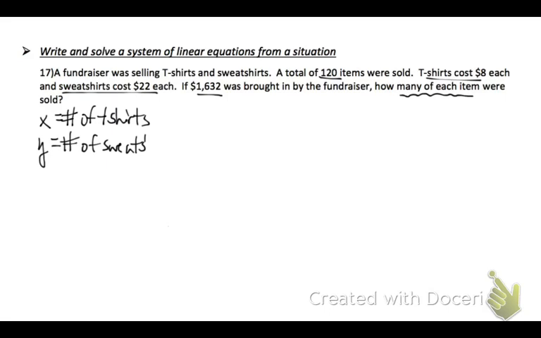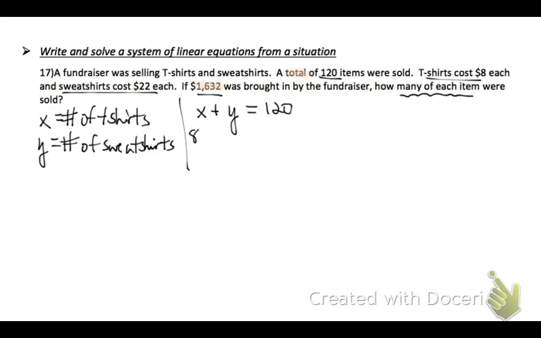Now, if you look back, there are two number situations that will allow you to set up equations for those variables. So one equation will be a total, and one will be the money. So together, we just have 120 items. So we can just say X plus Y, which is t-shirts plus sweatshirts, equals 120.